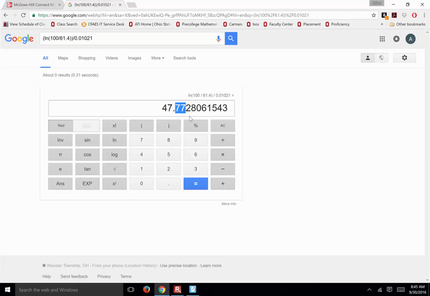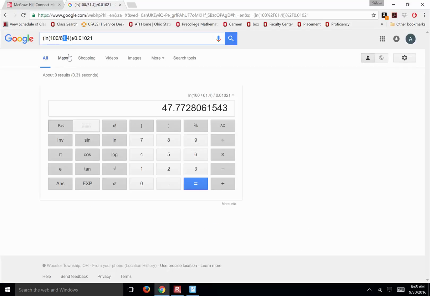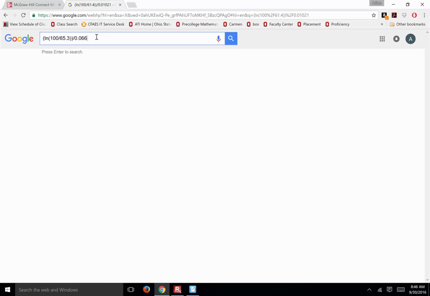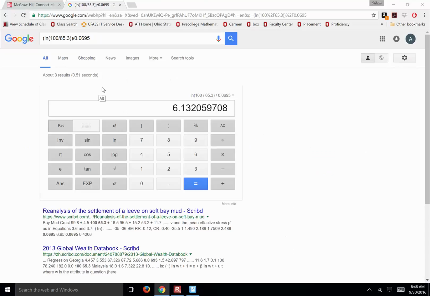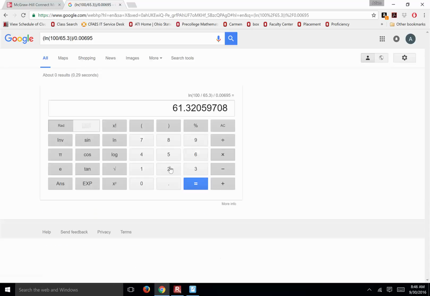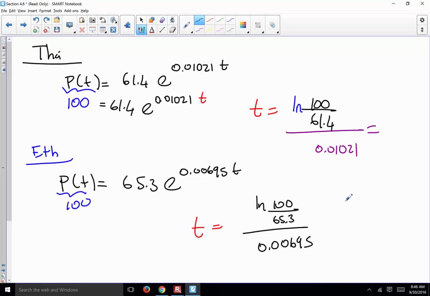All we need to change here is this 65.3, the rate is less, 0.0695. Am I right? Yep, thank you. It should be more than 60 years, definitely 61 years. So in 2061, and probably 3 months later, you're going to hit that number in 2061, March something.